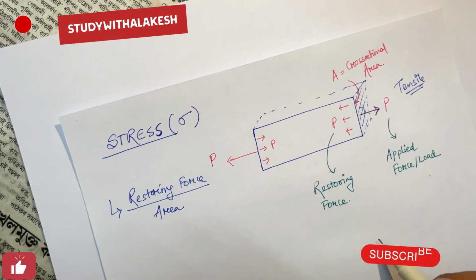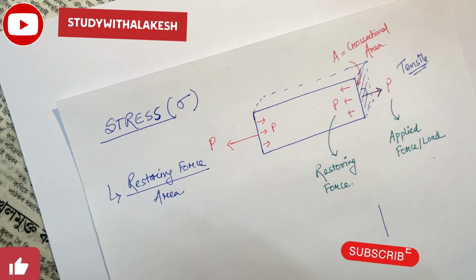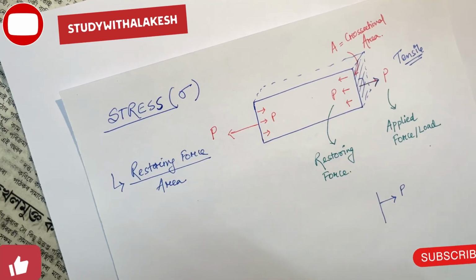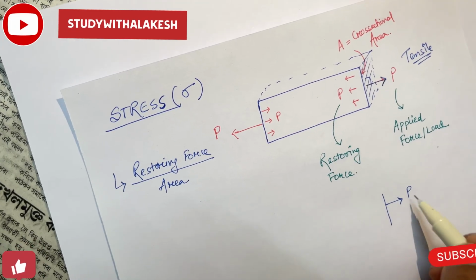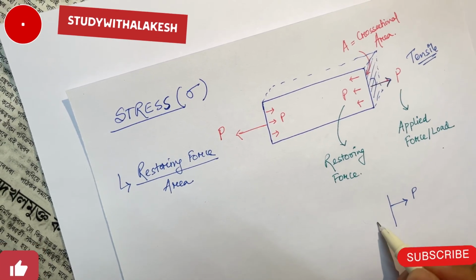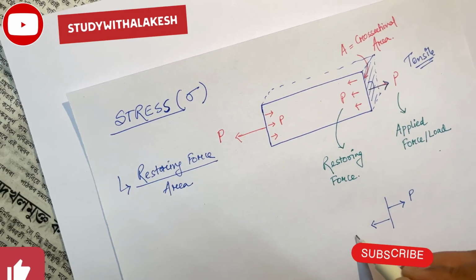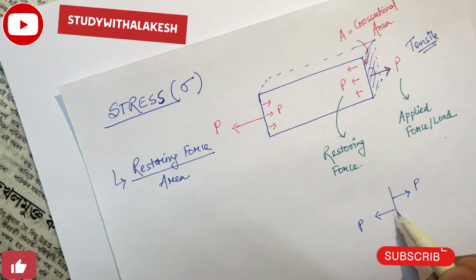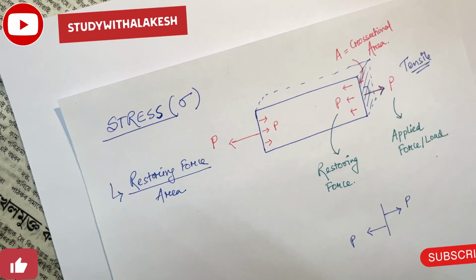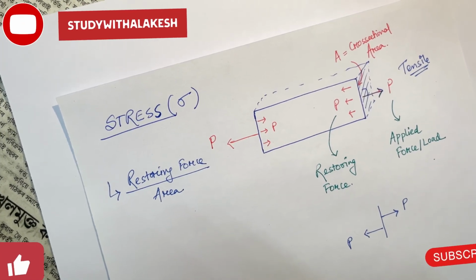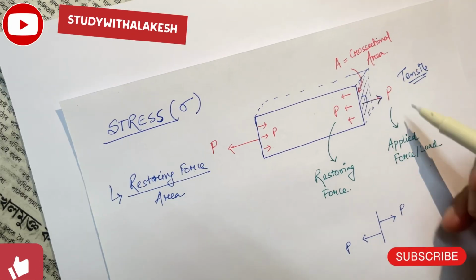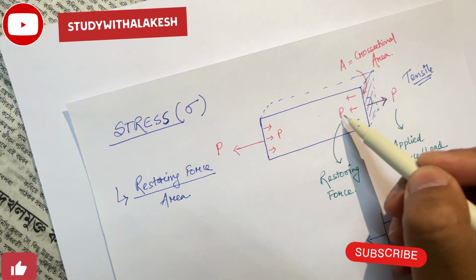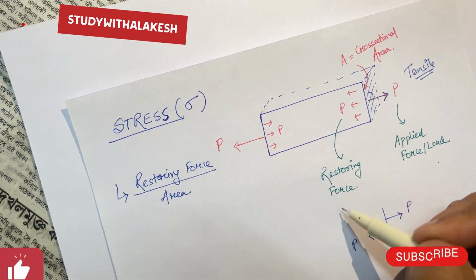So if we are applying a load P, then automatically, due to the applied load, the same amount of load, that is P, will be developed on the other side. Equal and opposite, that is Newton's third law. So this load is called restoring force.